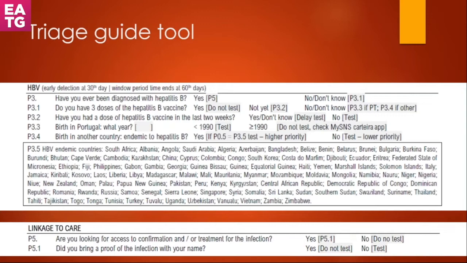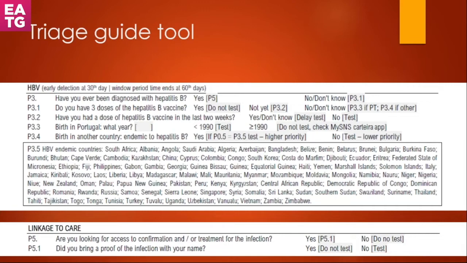Regarding hepatitis B infection, the first question that we ask is, have you ever been diagnosed with hepatitis B? If they say yes, it's the same question P5 as for HIV previous diagnosis, to decide linkage to care and whether we apply the test if the person does not bring a proof of the infection with their name. If they say no or I don't know, then we proceed to question P3.1 and we ask about vaccination.